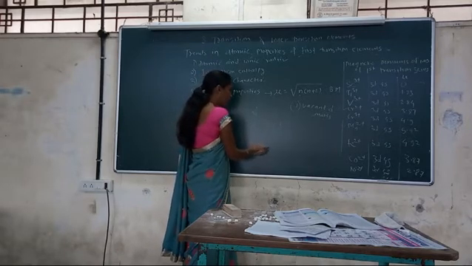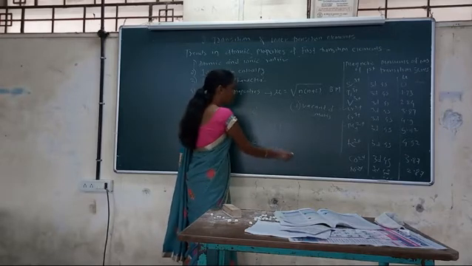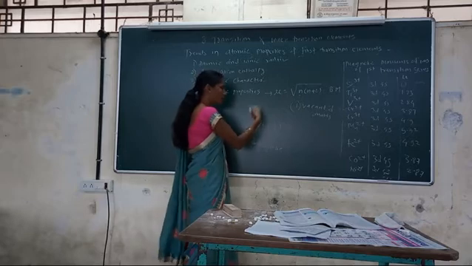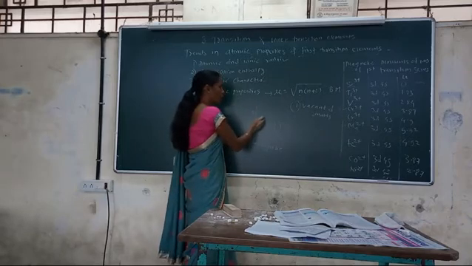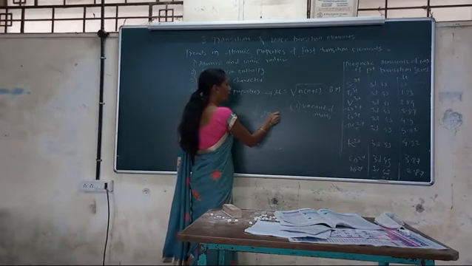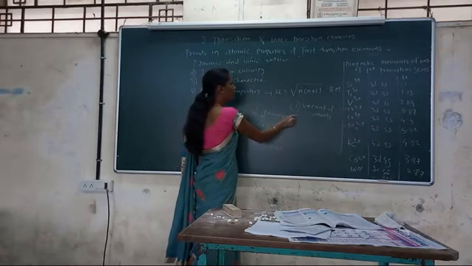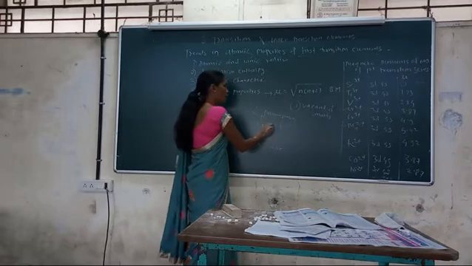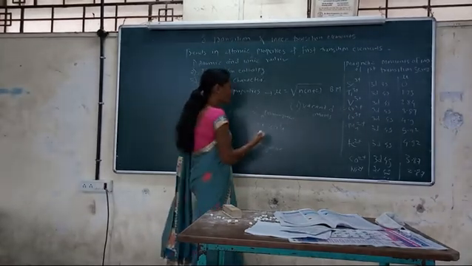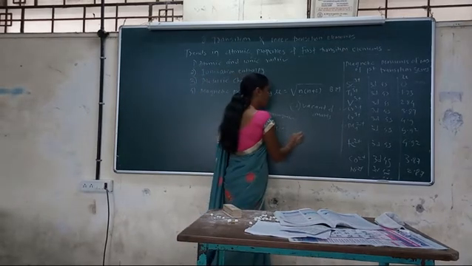If some unpaired electrons are present in the d orbital, then they are paramagnetic in nature. And if the number of unpaired electrons is in excess, then they are ferromagnetic in nature.